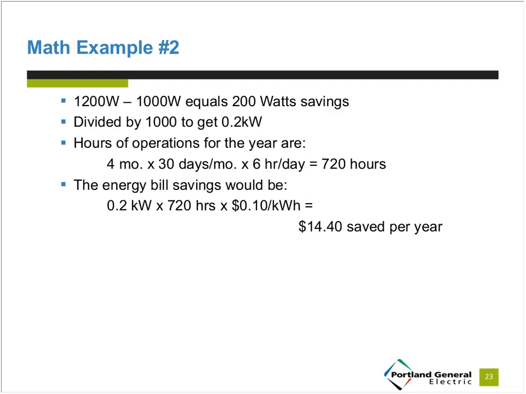If I take 0.2 kW times the 720 hours times the 10 cents, I save $14.40 per year, and can now answer the question of the budget manager, how long does it take to get my money back? $100 divided by $14.40 a year, it will take almost 7 years to get your money back.